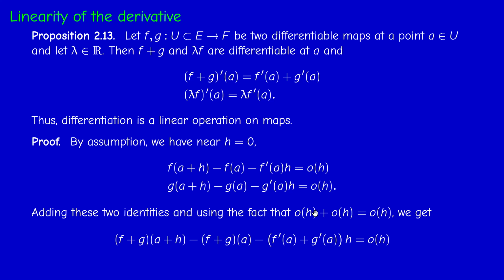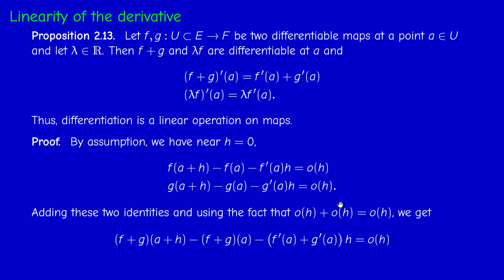So if I have a function r1 of h, which is small o of h, and another function r2 of h, when I add the two, I get that the sum is small o of h. That's what I mean. This is a very convenient notation.